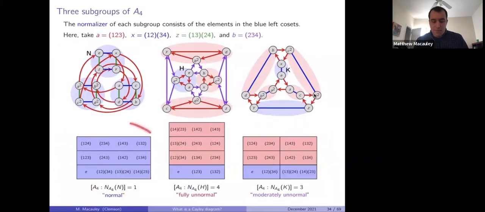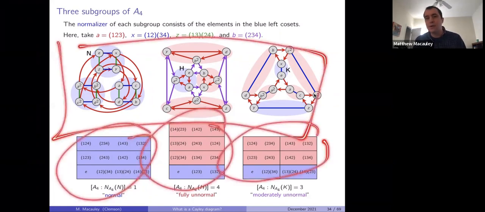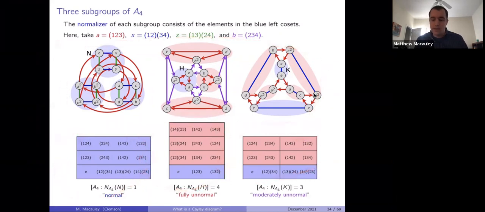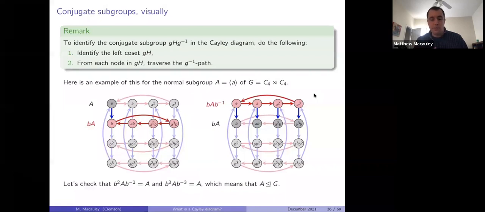And the index of the normalizer also measures how close or far from being normal a group is. These are actually measuring exactly the same thing by the orbit stabilizer theorem. This is a picture that I cannot live without when it comes to normalizers, conjugate classes, and group actions.